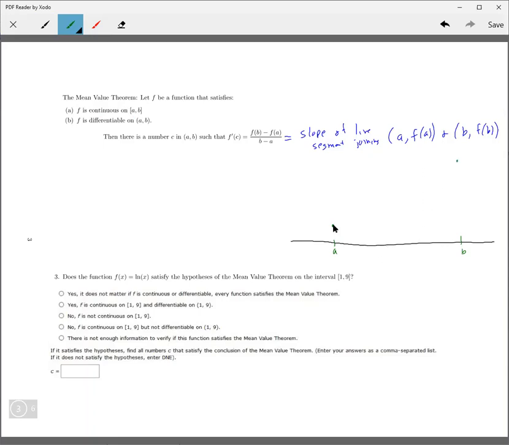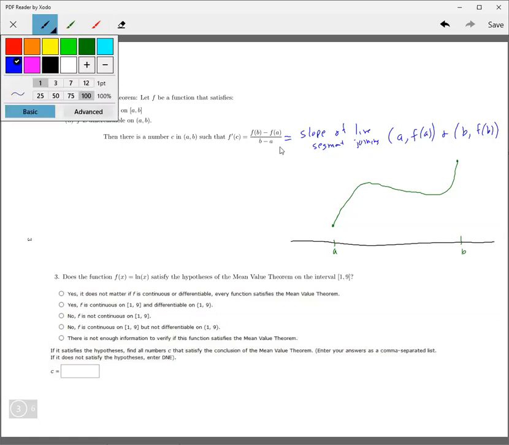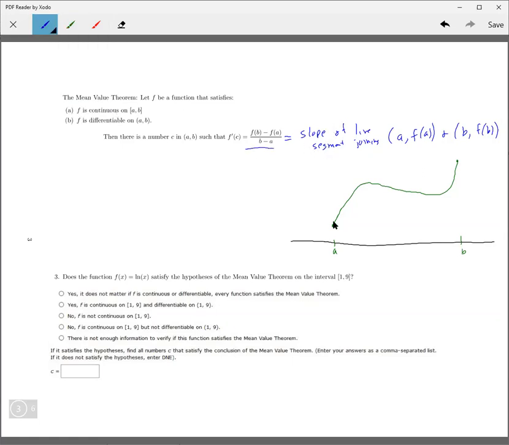Okay, so you have a function that is differentiable on this interval and continuous on the closed interval. So maybe it's something like this. Maybe something like that, okay? Now, this right here represents the slope of the line segment between these 2 points.